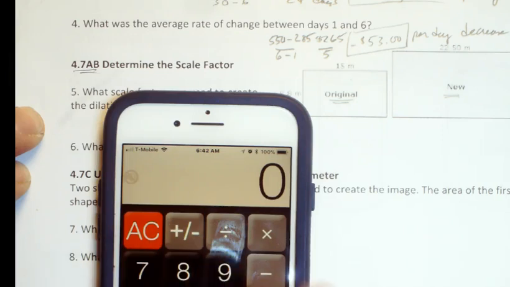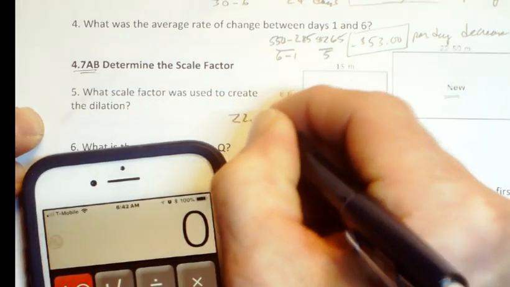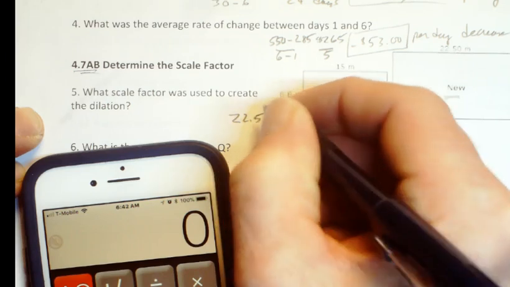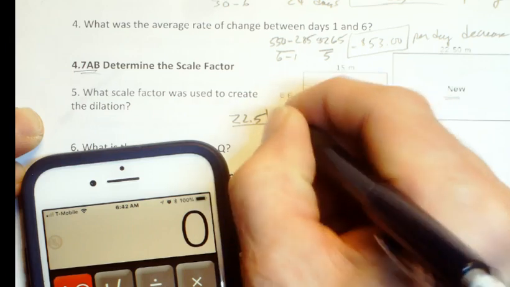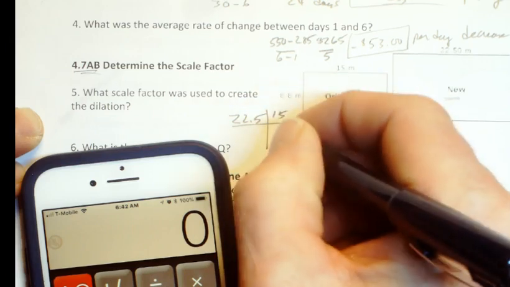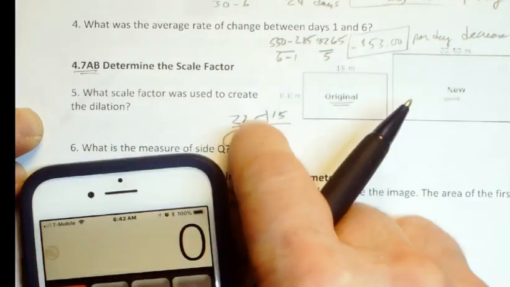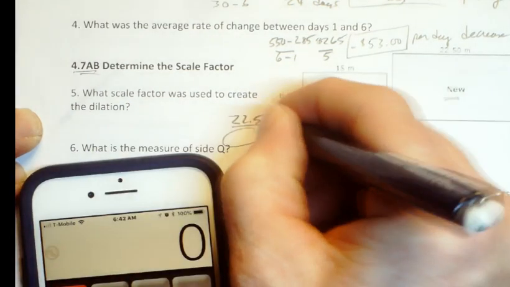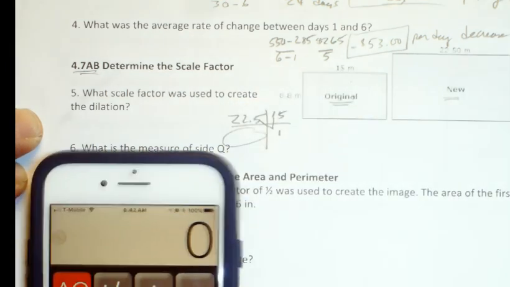So let's just try. Let's take 22.5 and we'll box it up, and that's to 15. Let's see, 1 is going to be to whatever the scale factor is. All you're going to end up doing is multiplying and then dividing 22.5 by 15 to find out what that scale factor is.